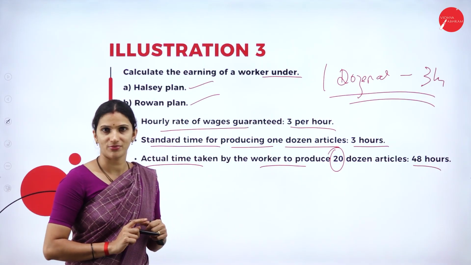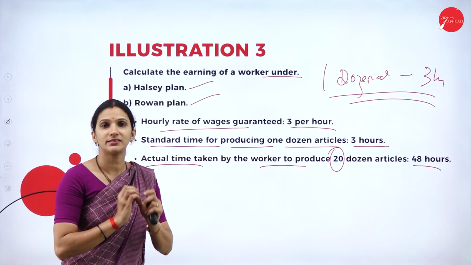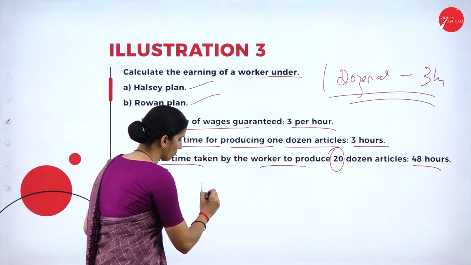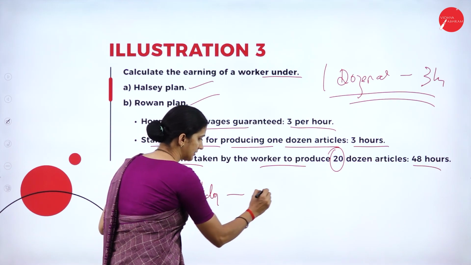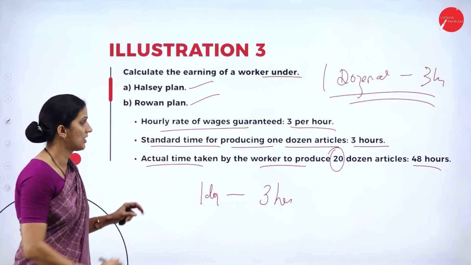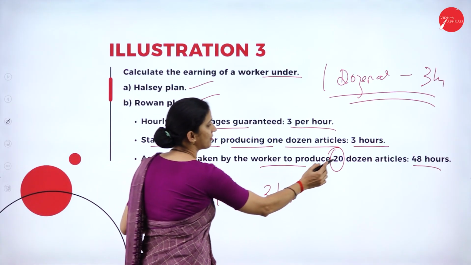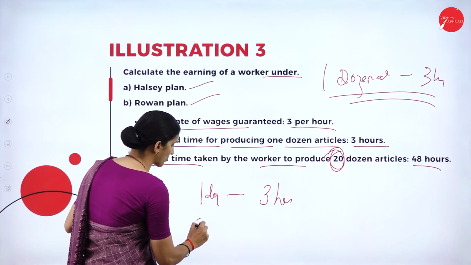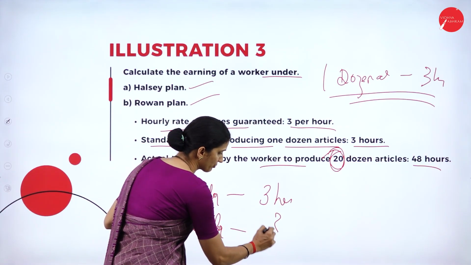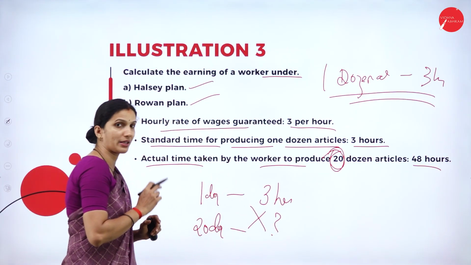So one difference we have here is that the standard time is not given directly. For the production of 1 dozen, the standard time required is 3 hours. The worker has produced 20 dozen articles, so what will be the standard time required?